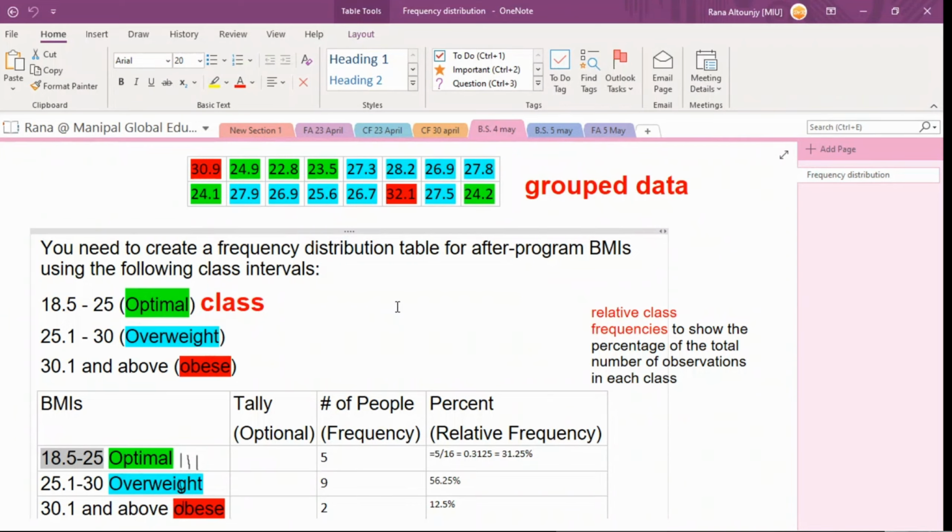So you use these classes. In case your data doesn't have such a background, let's say ages, which is also quantitative data, and you want to divide based on classes, either you rely on previous studies on how they divided, or you do a different classification based on what your research needs.